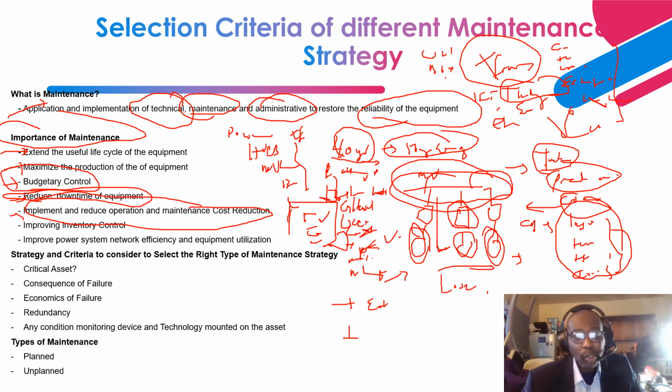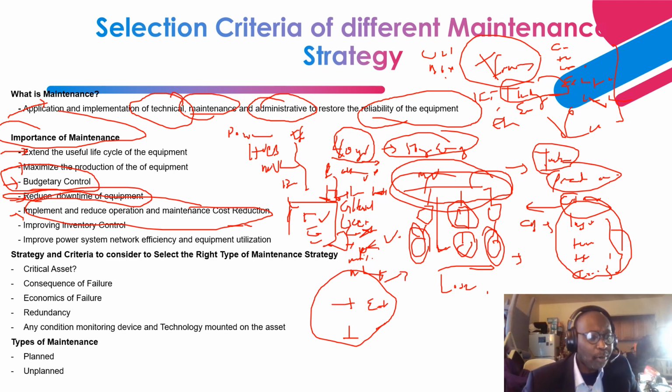And also, you could use the time that you would spend performing this maintenance on this power transformer on another asset, so basically, optimization of resources. So implementing the required maintenance strategy helps to reduce operation and maintenance cost, like I made mention.